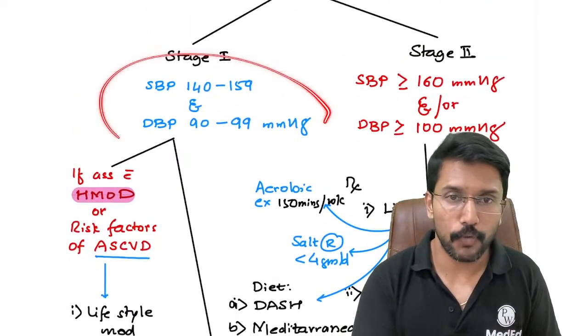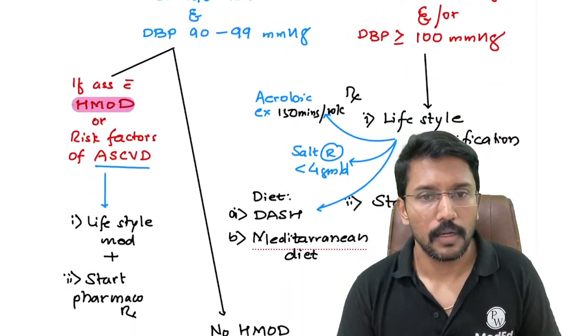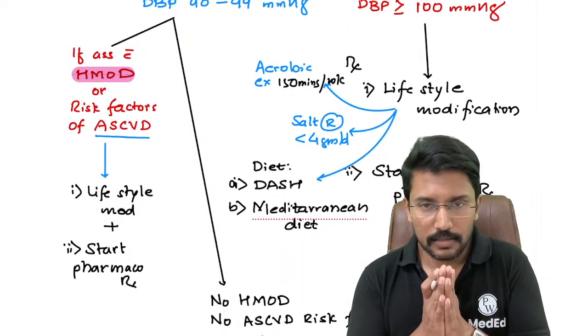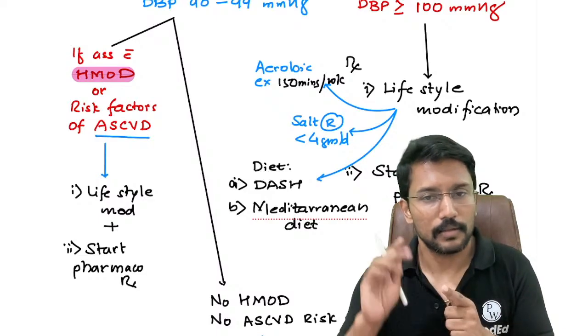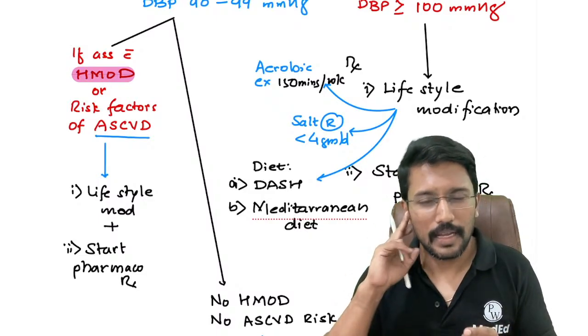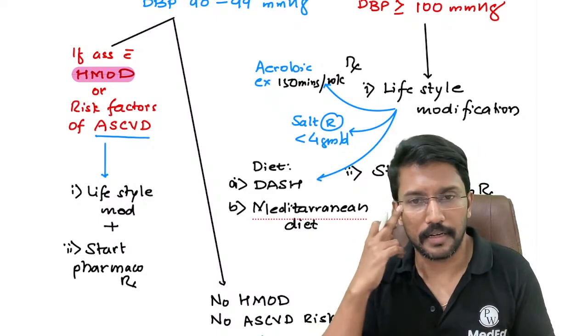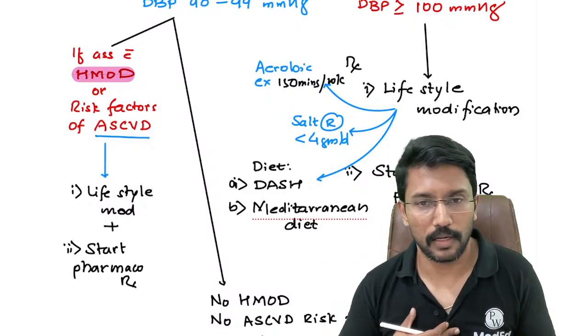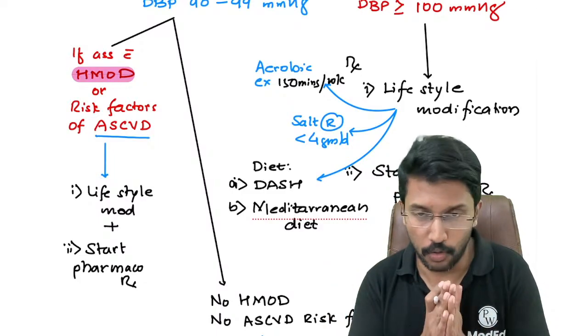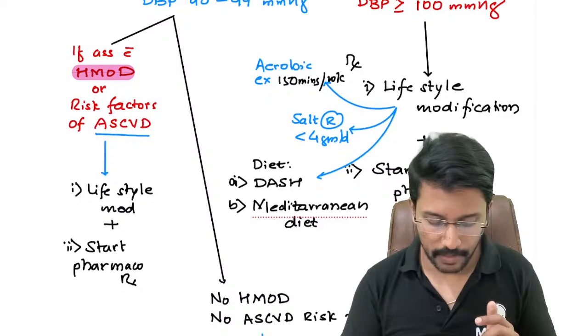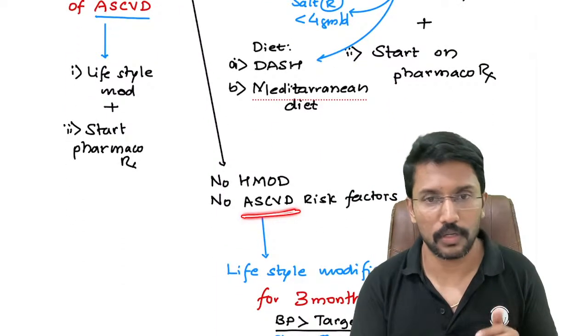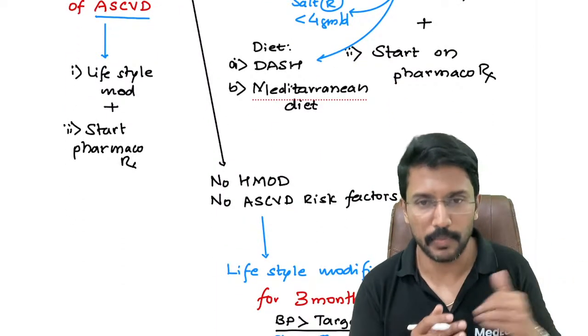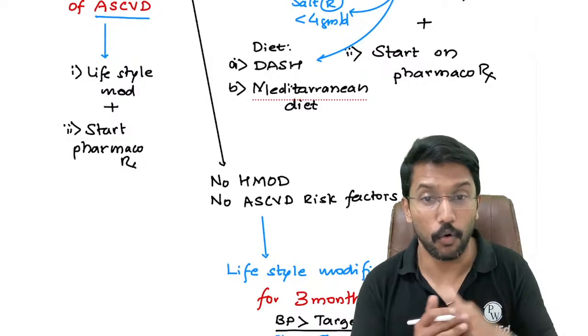But if the patient has stage 1 hypertension and currently no evidence of any hypertension mediated organ damage, like retina is fine, right? No left ventricular hypertrophy, no other hypertension mediated organ damage, and no risk factors for atherosclerotic coronary vascular disease, like diabetes mellitus, dyslipidemia, obesity.